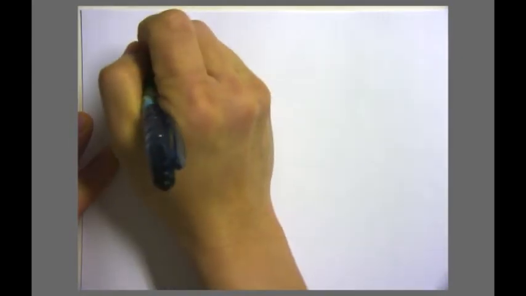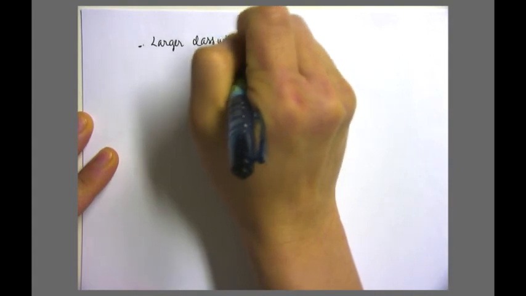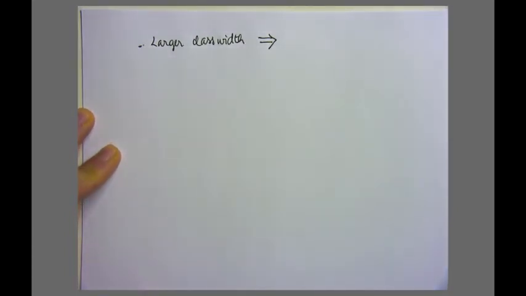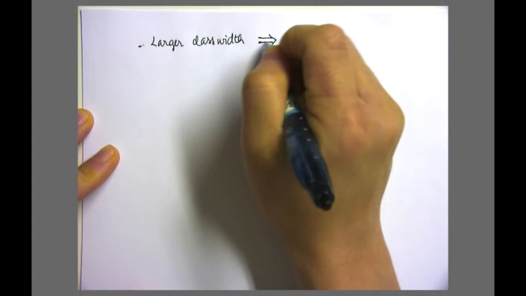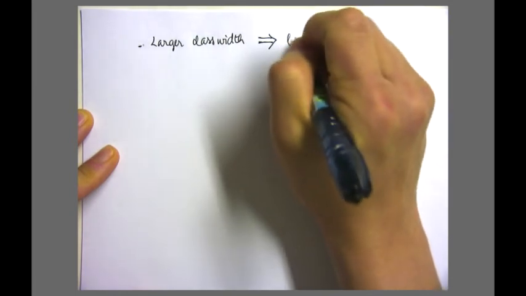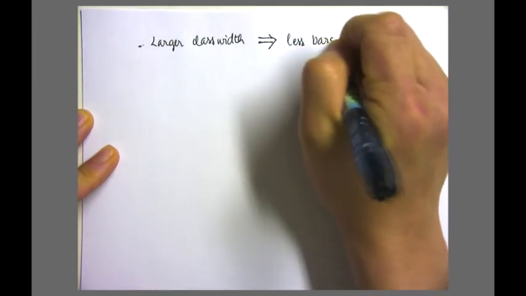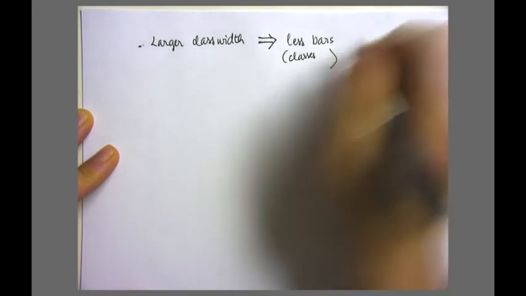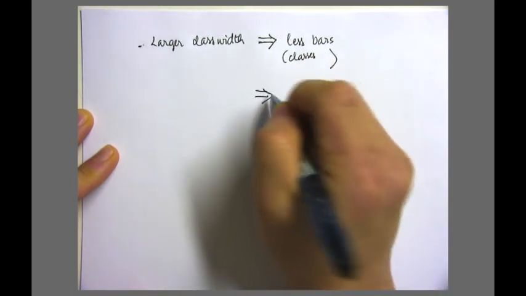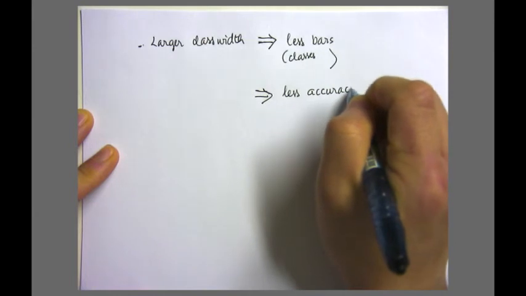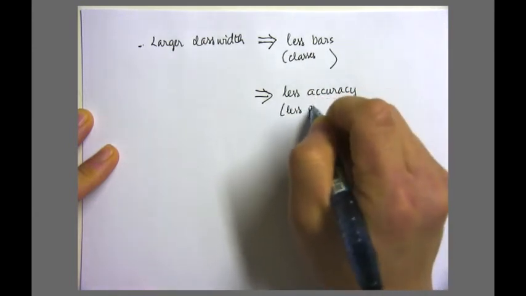if you're using a larger class width, that's one of the general rules: larger class width means, my double arrow right here is a notation for logical implication, or it means, less bars, or classes or columns, whatever you want to call it, and that also implies less accuracy, or some people might prefer to say less precision.